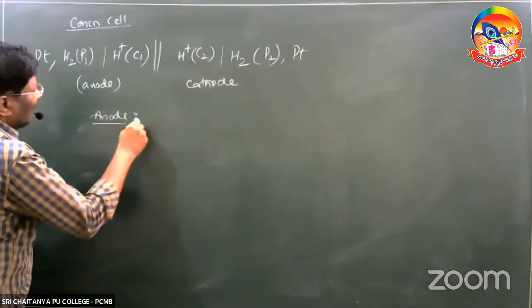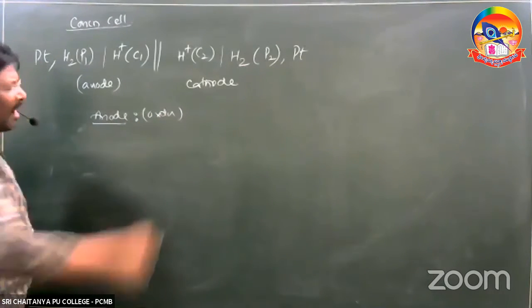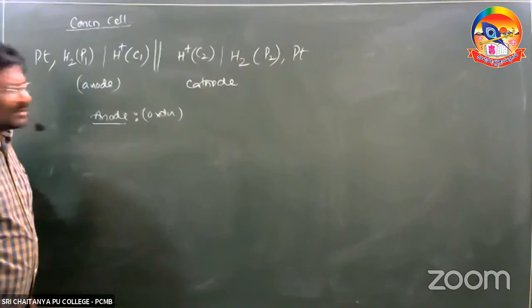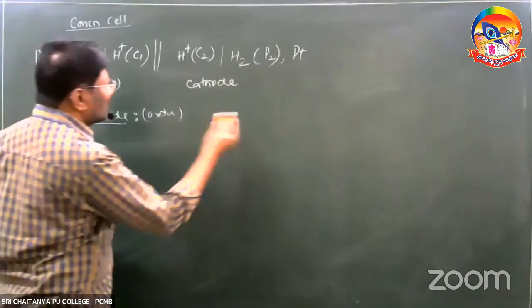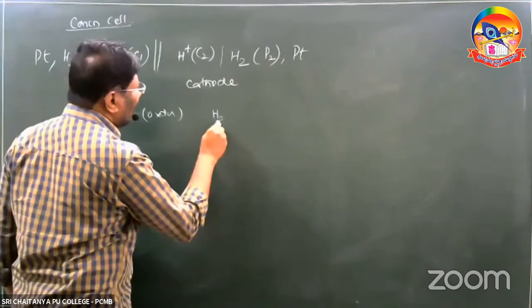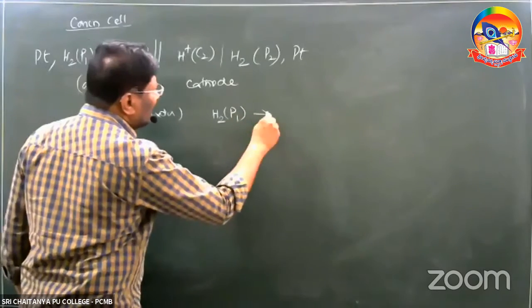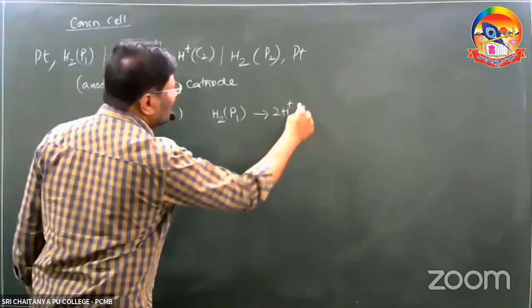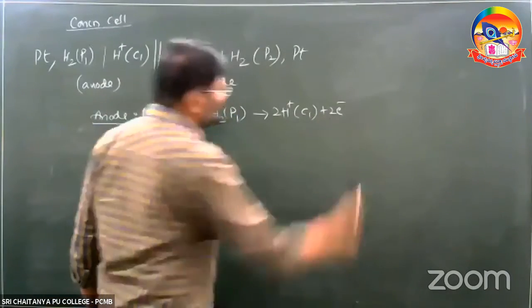Now the first one, anode. At the anode, oxidation takes place. Therefore, H2 at a pressure of P1 gives rise to 2H+ with concentration C1, plus 2 electrons. This is the equation.